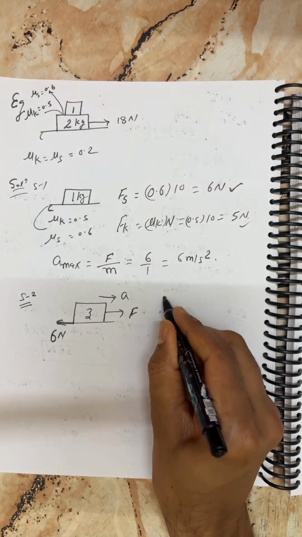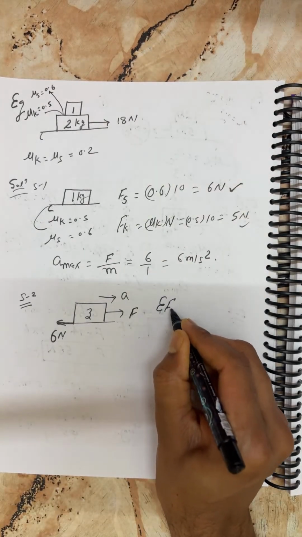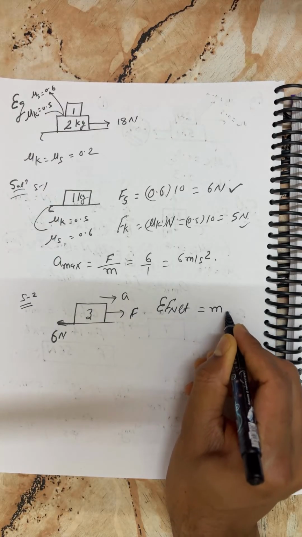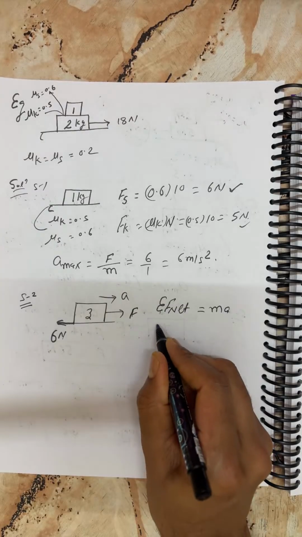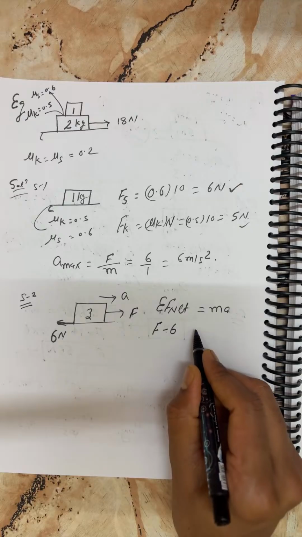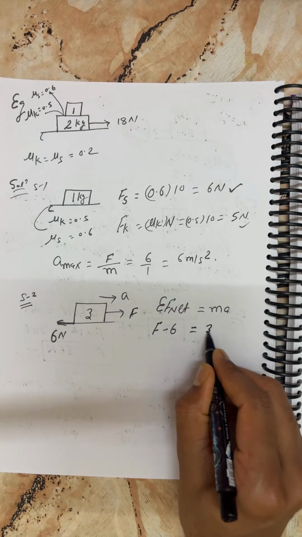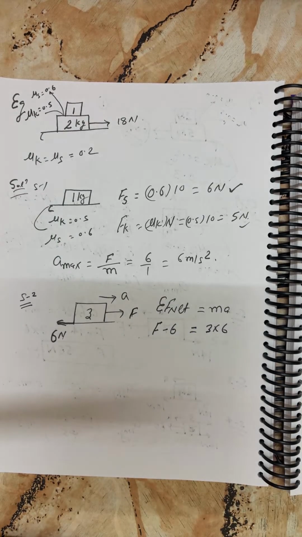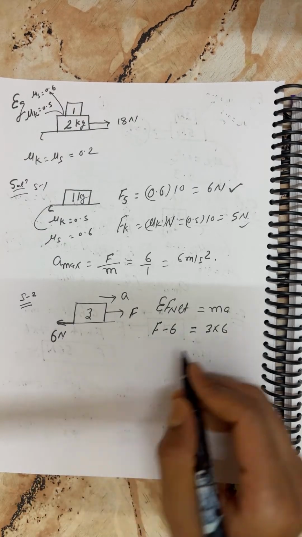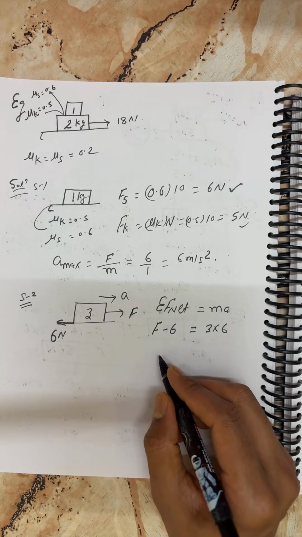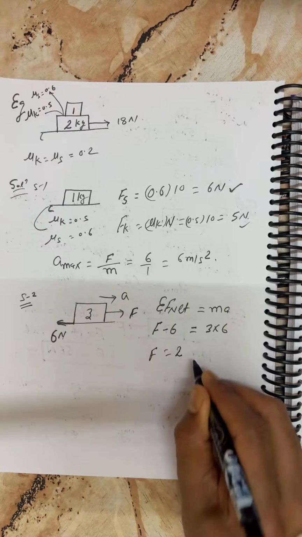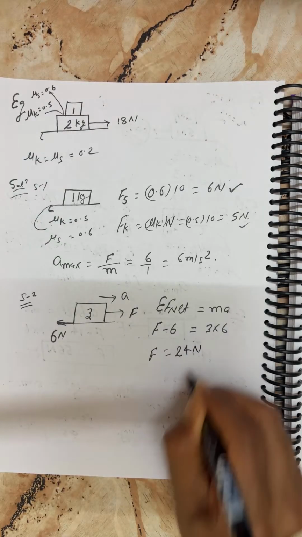Now I'm going to apply the second law of motion. F net equals ma. So what is F net here? F minus 6 equals 3 into 6. Now, 3 sixes are 18, plus 6 is 24. So this is 24 Newton.